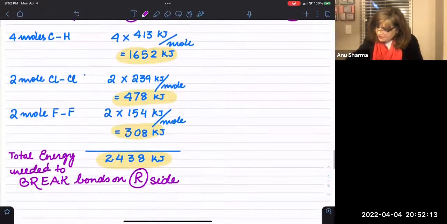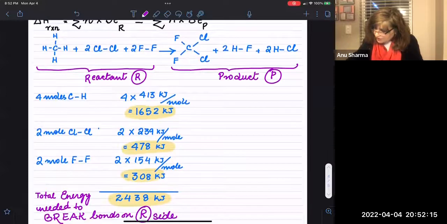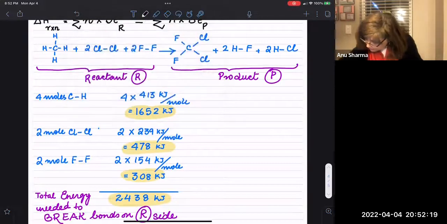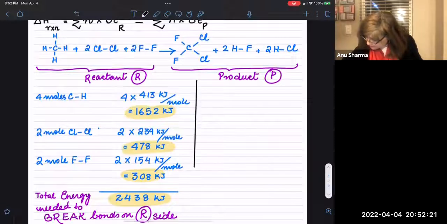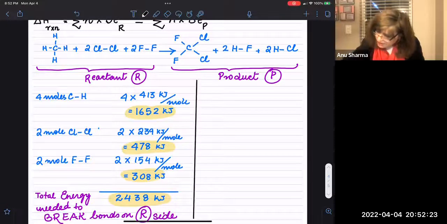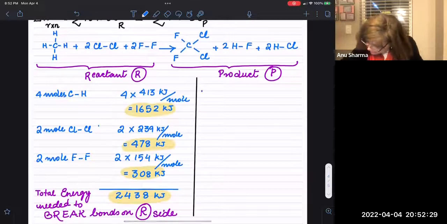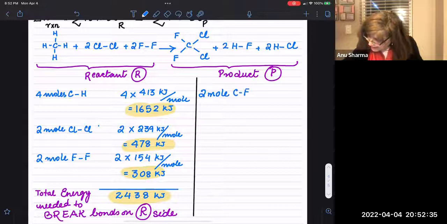Okay, next, let's look at the scenario on this side also. Here we have 2 moles of carbon and fluorine, and 2 moles of carbon and chlorine.